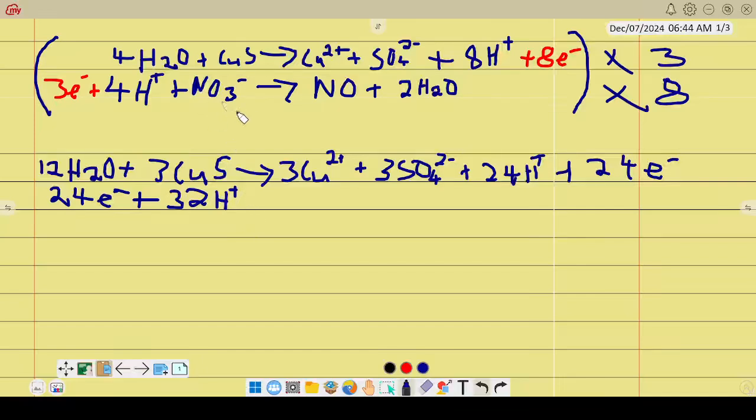And then 8 times this is just going to be 8 nitrate ion, and then that's when we go to the right hand side. We're going to have 8 nitrate ion, or sodium oxide, and 16 water molecules.